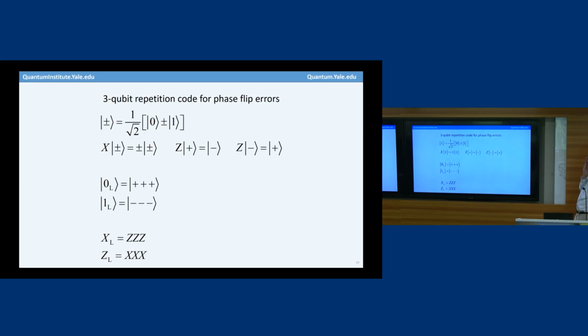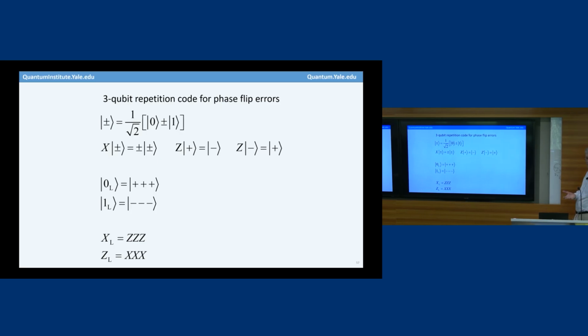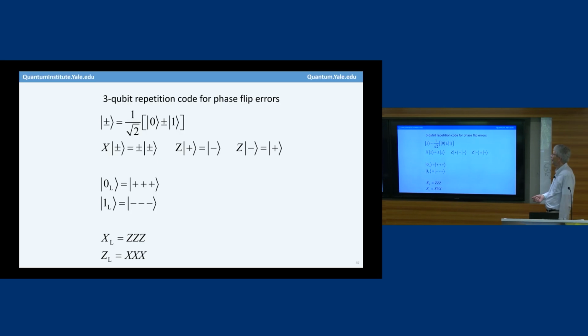Okay, so that code can only correct bit flips. But there's a related code that can only correct phase flips. And so I'll just remind you of some notation. So plus and minus refer to states that are in the plus and minus x direction on the Bloch sphere. They're |0> plus or minus |1>.